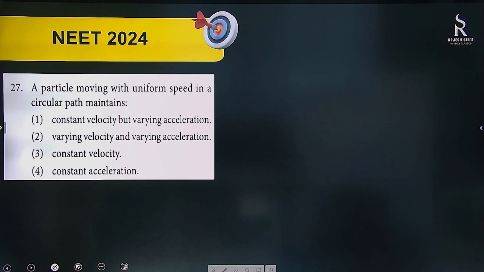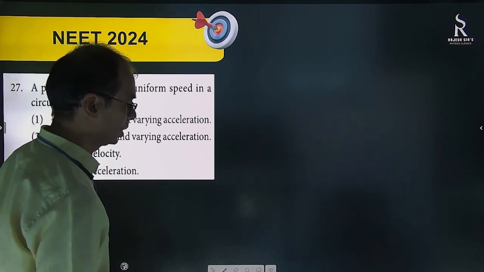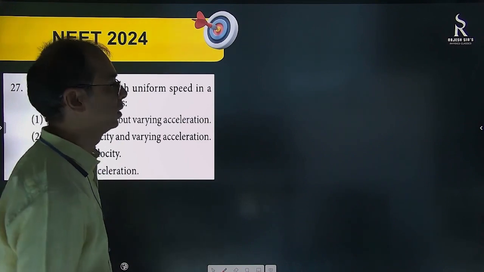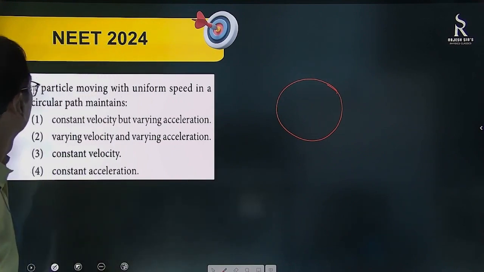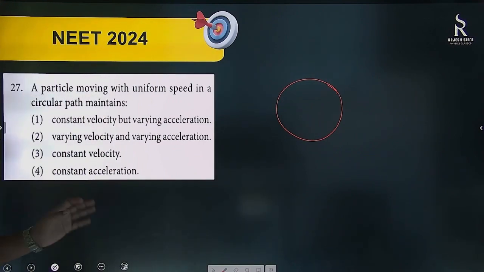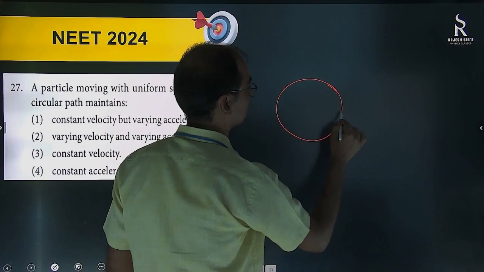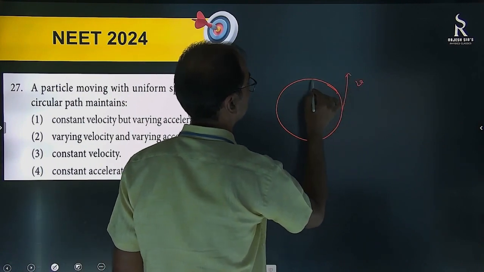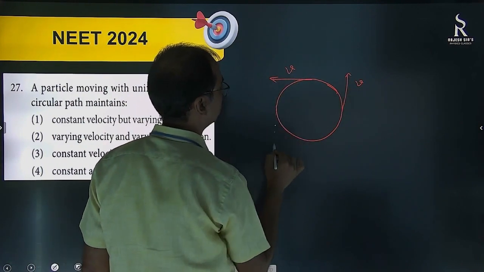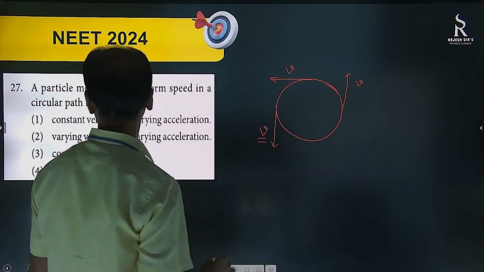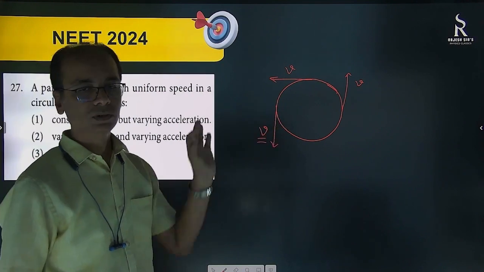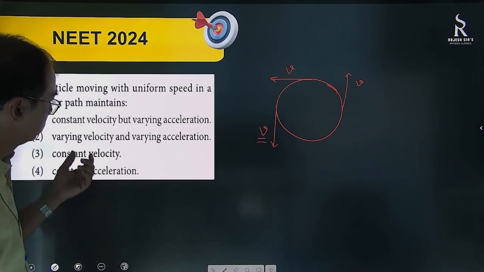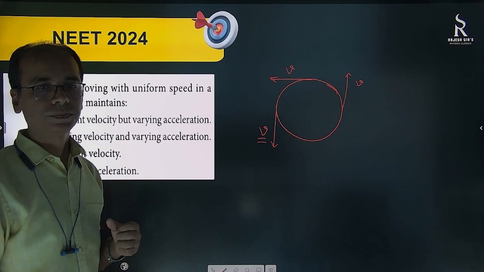A particle moving with uniform speed in a circular path maintains. Particle is moving in circular path. Okay. The circular path is like this. Constant velocity? No way. Direction is changing. Here it's like this, here it's like this, here it's like this. How is constant velocity? No way. Varying velocity? Yes, because direction is changing, so it's called varying velocity. Varying acceleration also?